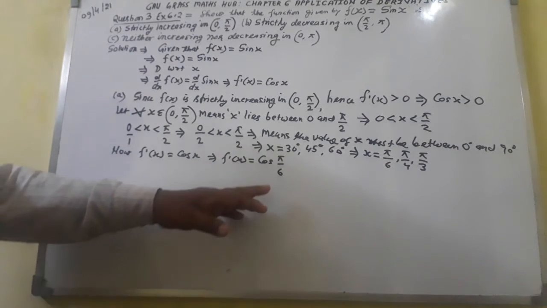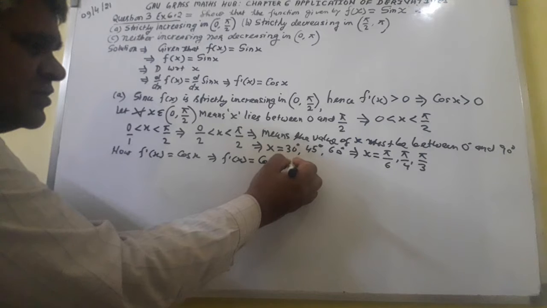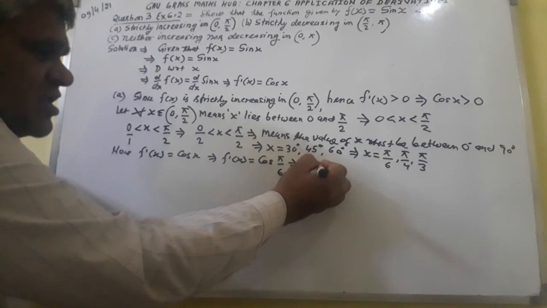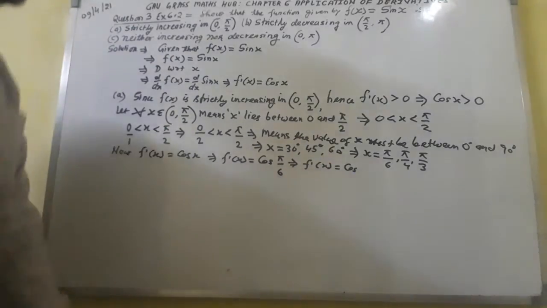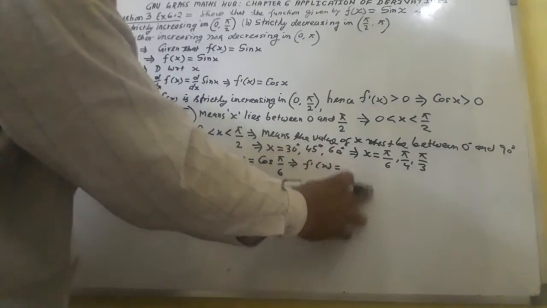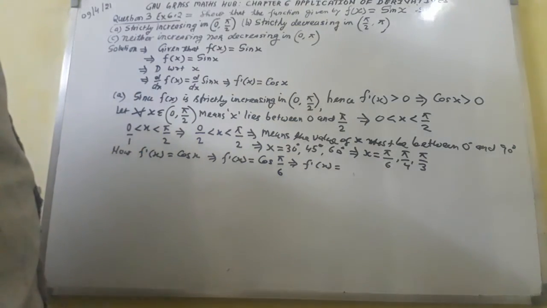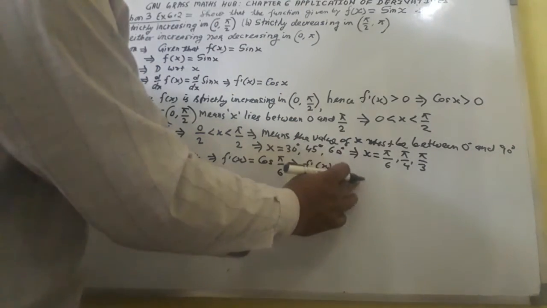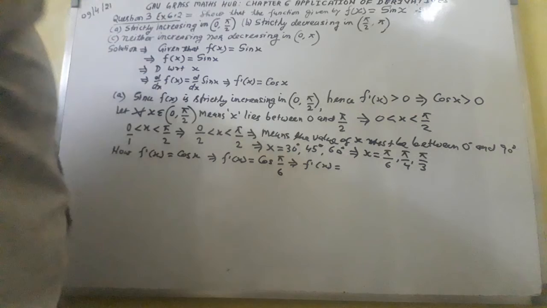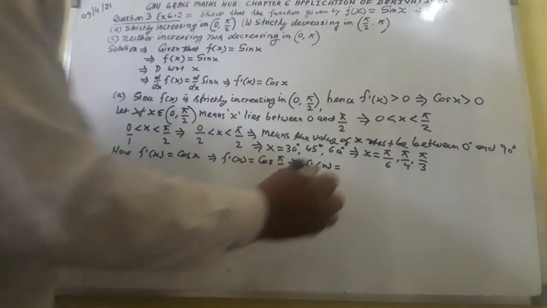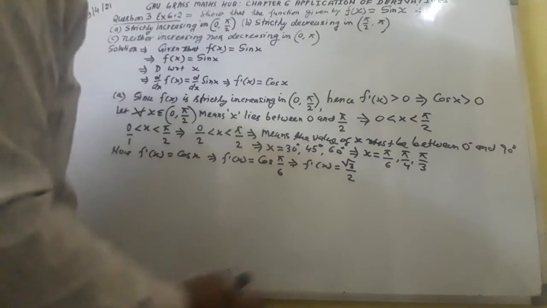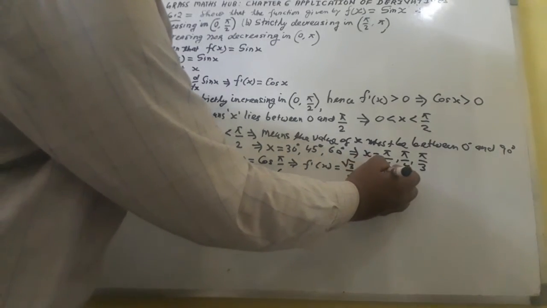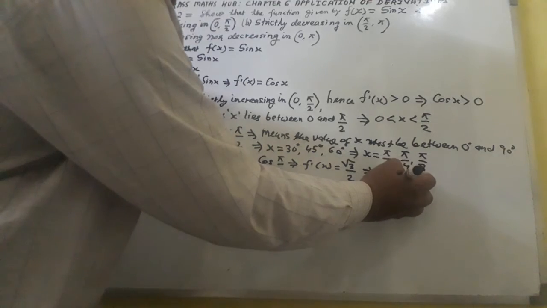So here you will get cos 30 degree. Cos pi by 6 means cos 30 degree. You know cos 30 degree equal to root 3 by 2, which implies f dash x is greater than 0.